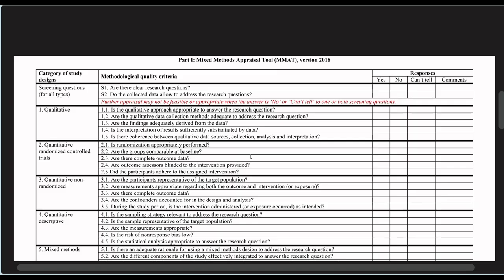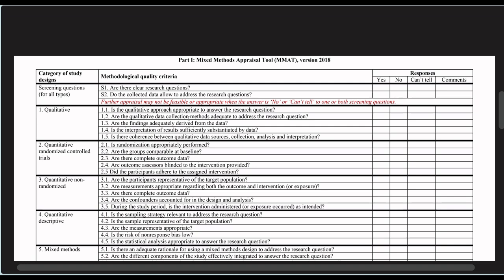That is, if you are doing a qualitative study or quantitative study, if that's what you want to include in your study and you want to screen them, these are the questions that you need to ask. Okay, let's look at the very first one. Screening questions for all types.